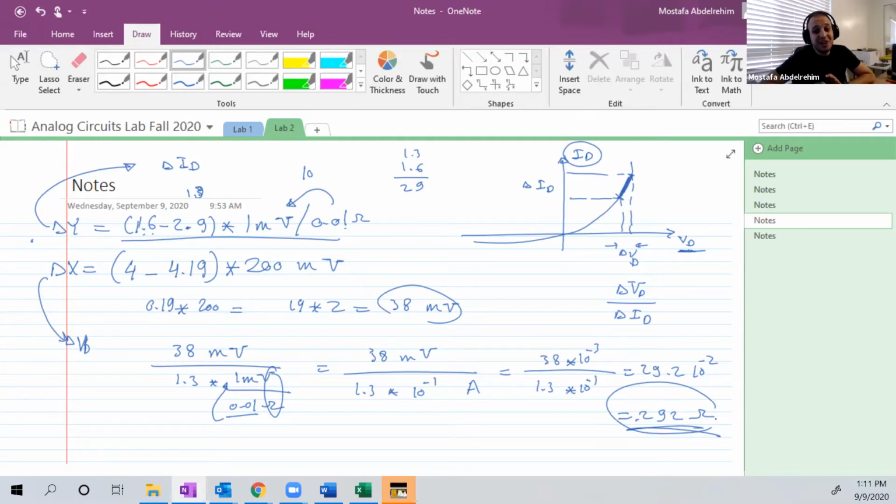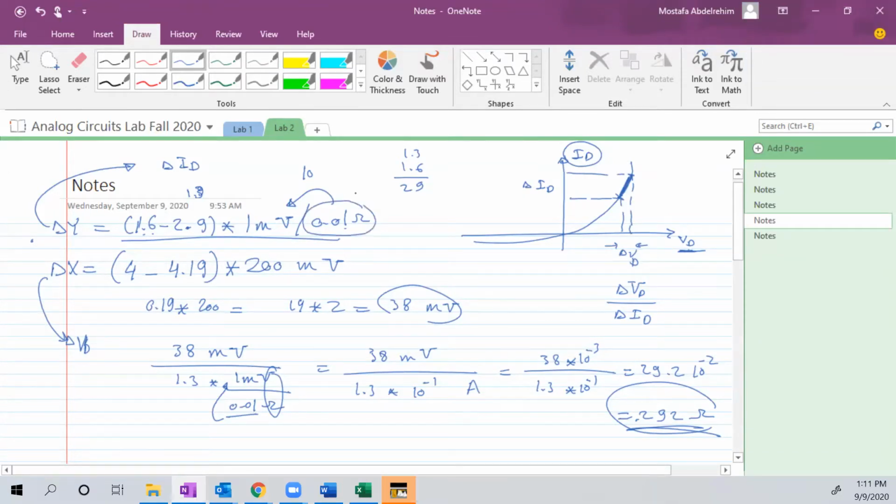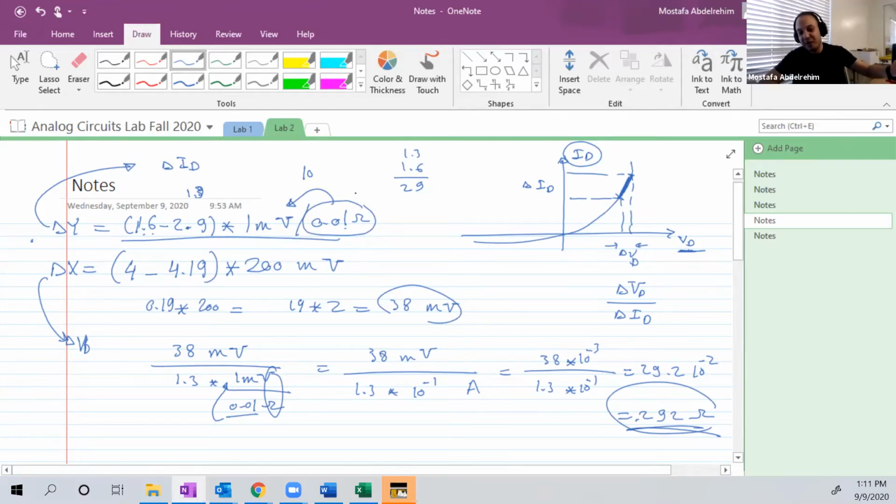You will do exactly the same thing, but you will not divide by 0.01. You just divide by 1? Yes, since it's exactly the current. If you divide anything by 1, it will be the same. So that's why, if we have the chance to put 1, we put 1.